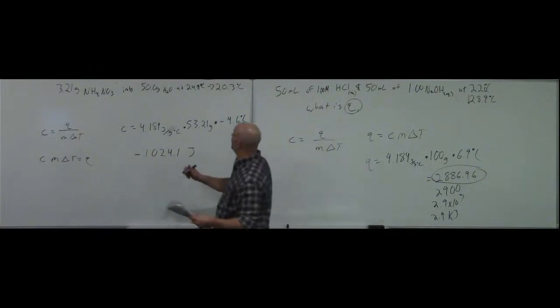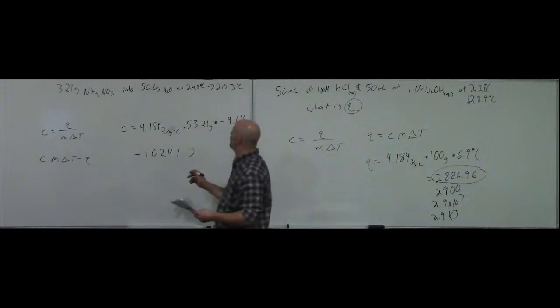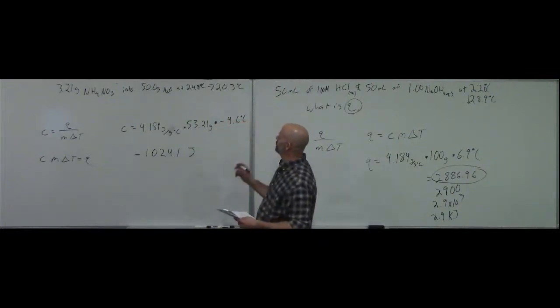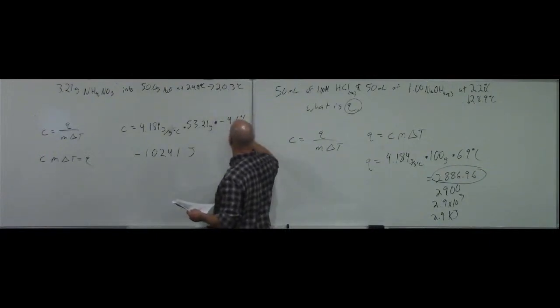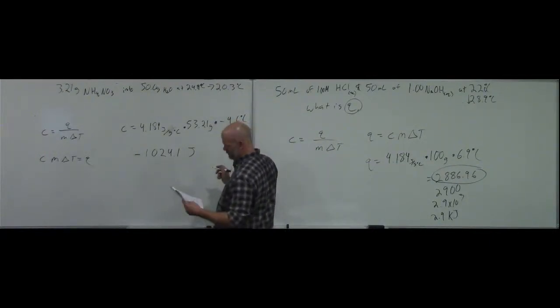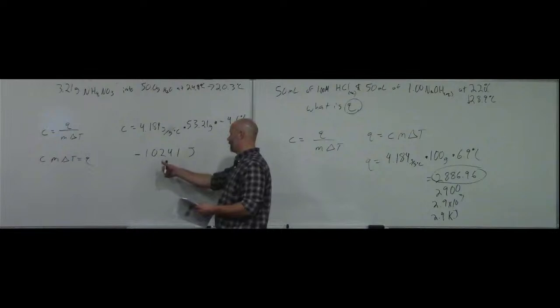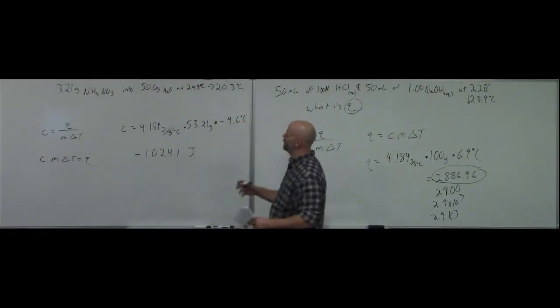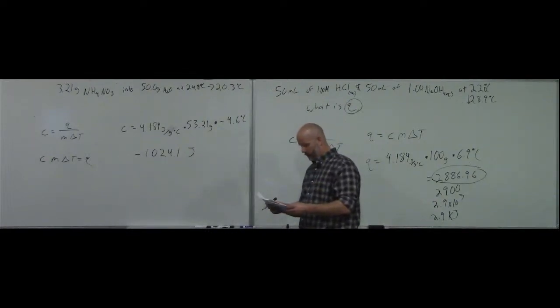Now, they want it in the proper sig figs, which is going to be 3, from what I can tell. So why do they have it the way they have it? I don't know. They're just calling it 1.0 kilojoules. Still seems like it ought to be 1.02 kilojoules because we have 3 sig figs everywhere. All right, but our math looks good.